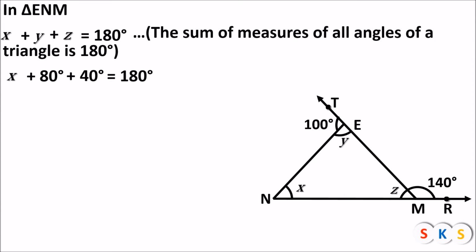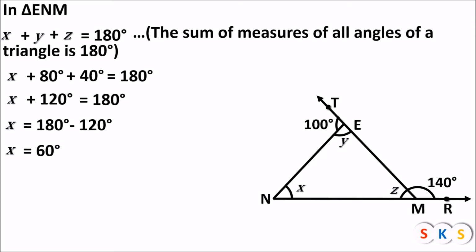Now we will add 80 degree plus 40 degree. You will get X plus 120 degree equals to 180 degree. Now we will shift 120 degree to that side of equal to. So we will get here X equals to 180 minus 120 degree. Therefore X equals to 60 degree. So we got here measure of X, measure of Y and measure of Z.